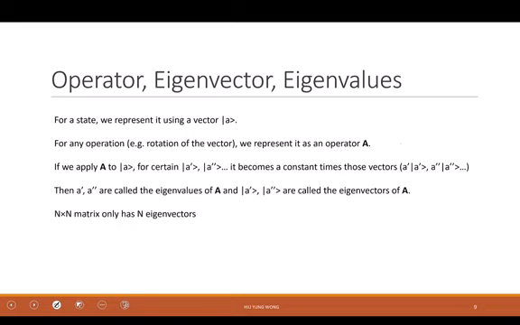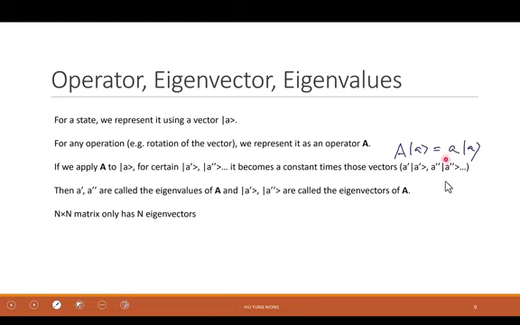For example, A applied to a equals to a times a, right? I hope you can understand what I'm writing here. Here is still not clear. A is the matrix. A matrix multiplied to a vector becomes a number multiplied to that vector. Okay?